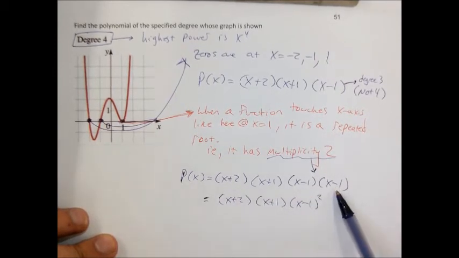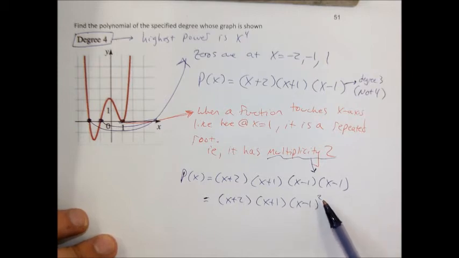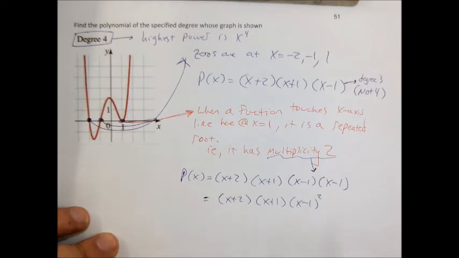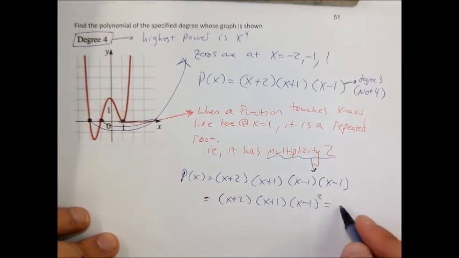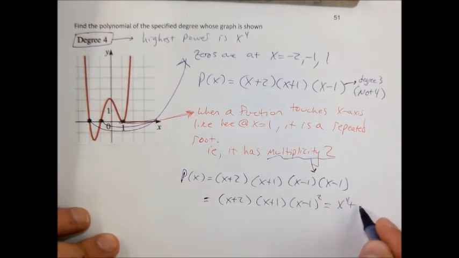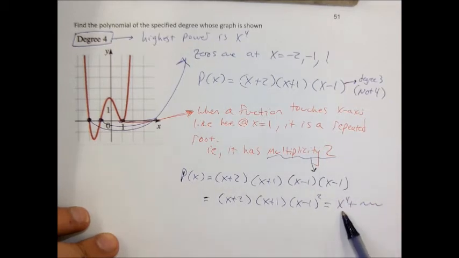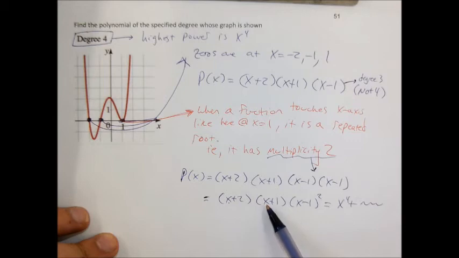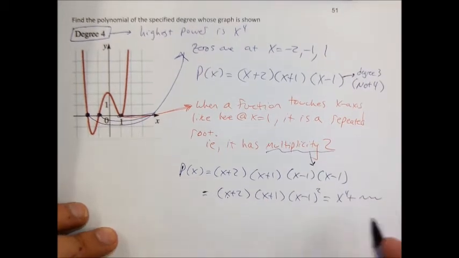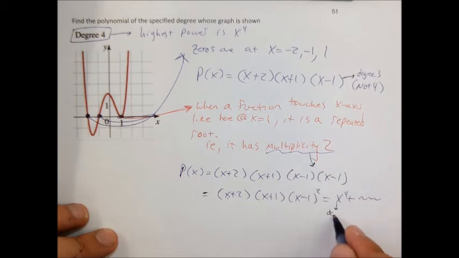Those x minus 1s can multiply together to give us an x minus 1 squared. And now, this is degree 4, right? If we multiplied this out, we would get x to the 4th plus blah, blah, blah. The biggest power would be x to the 4th now, because we've got an x times an x squared. That gives me 4, right? And so this is good because this is degree 4, and that's what we wanted.